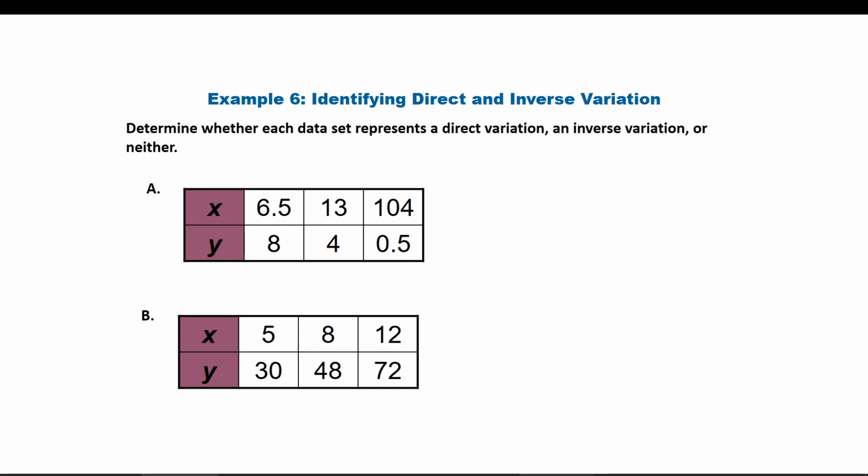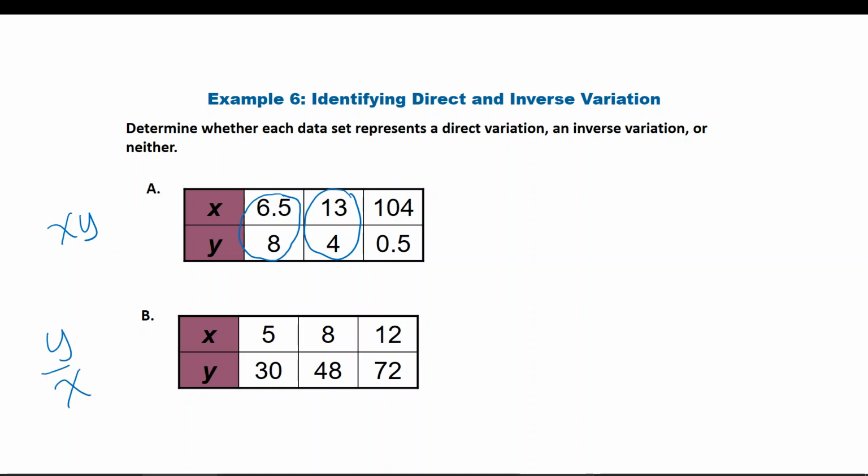All right, in this example, we're asked to determine whether each data set represents a direct variation, an inverse variation, or neither. So let's take a look at letter A. Remember, we want to see if these are either x times y or y over x, the ratio between the two.